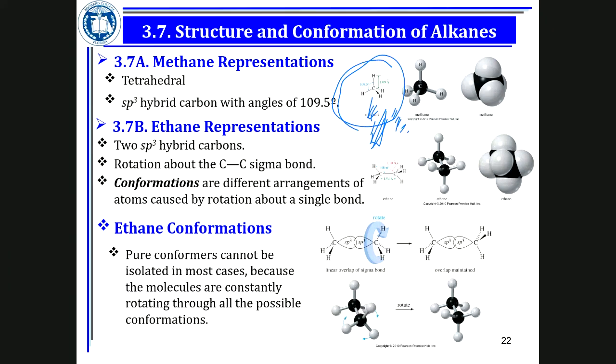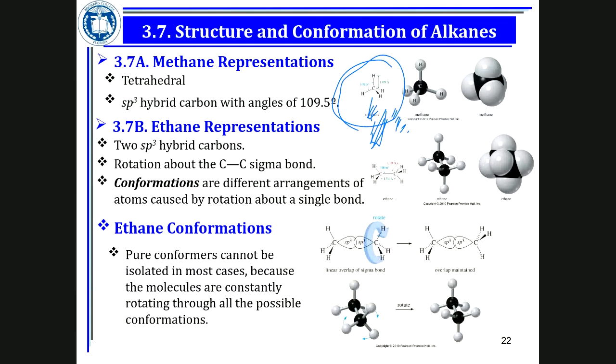So you would see this in one line only. So then you start rotating. So we have two conformers for ethane. We have one conformer, or one structure, for methane, but for ethane we have two conformers.